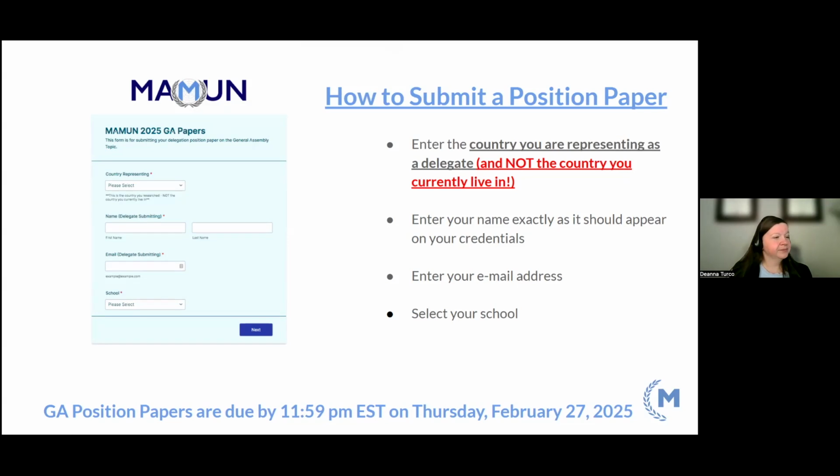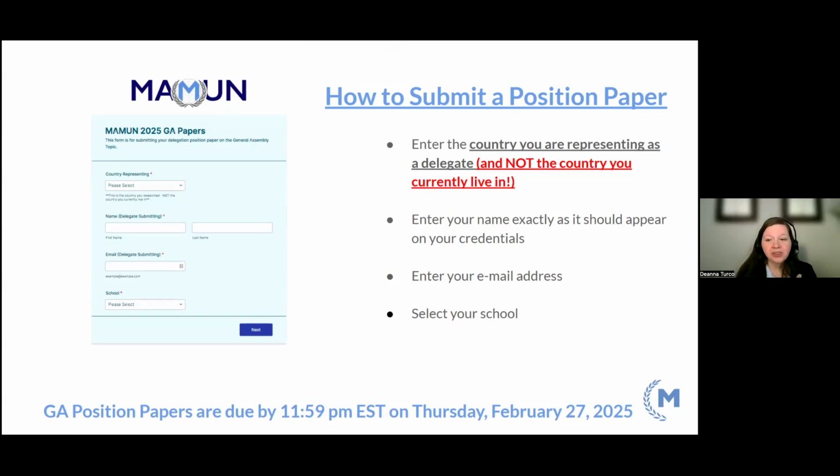So then, if you're doing a GA paper, there's a separate link to submit the position paper for GA. So again, you will want to be sure you are filling out the country you represent, the whole delegation. We're only doing one, remember, just one per delegation.